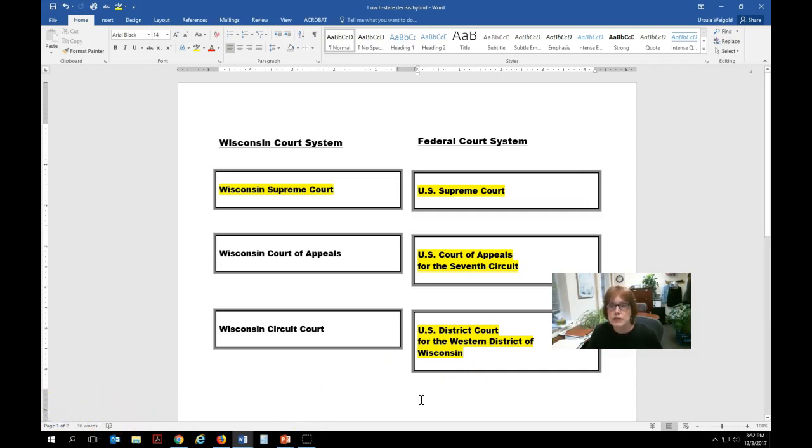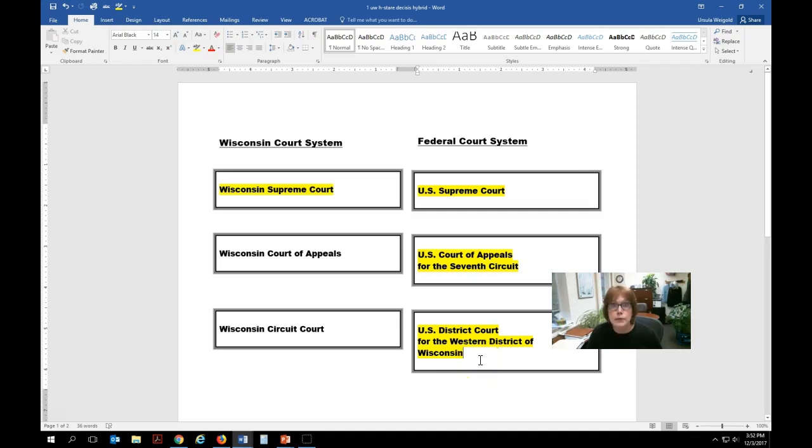Okay, last question perhaps that you might have on this idea of stare decisis in the federal court system applying state law is the situation, which happens once in a while, in which perhaps a federal court, without guidance from the state courts, has made its best guess on how the Wisconsin Supreme Court would interpret a question of state law, and that of course becomes binding on lower federal courts.